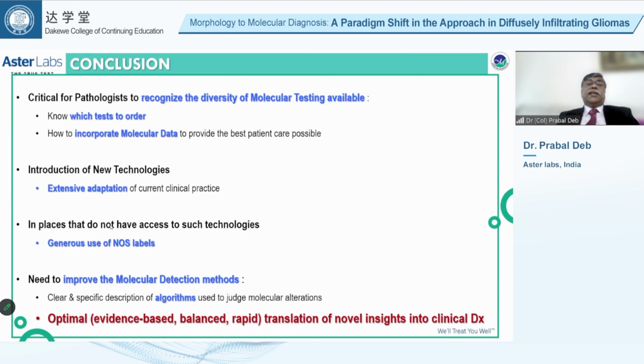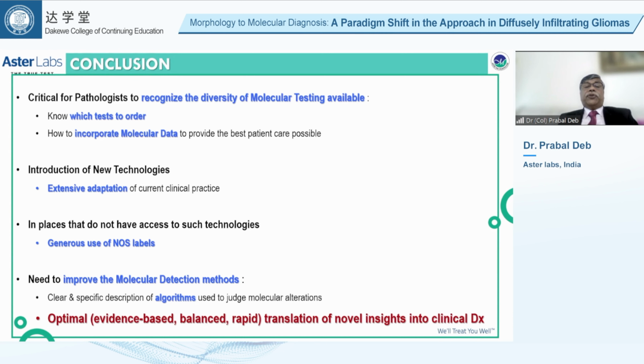New technologies need extensive adaptation to current clinical practice, how we report out. In places that do not have access to such technologies, it's okay to use NOS labels generously and pass on the case to a higher center for a better workup.